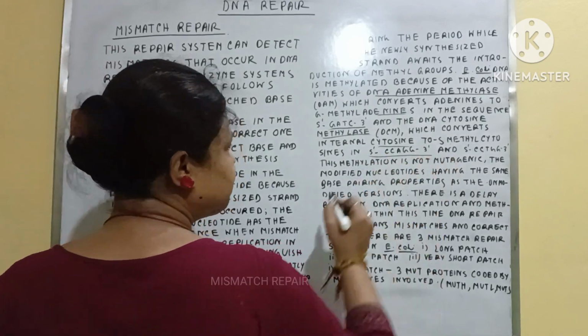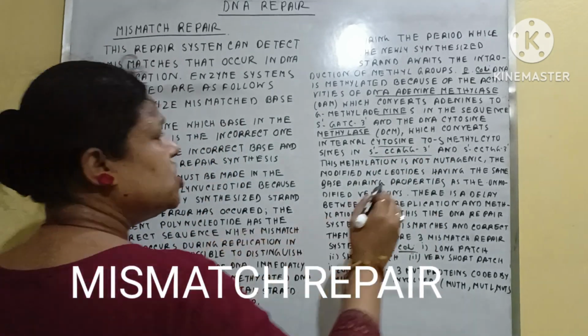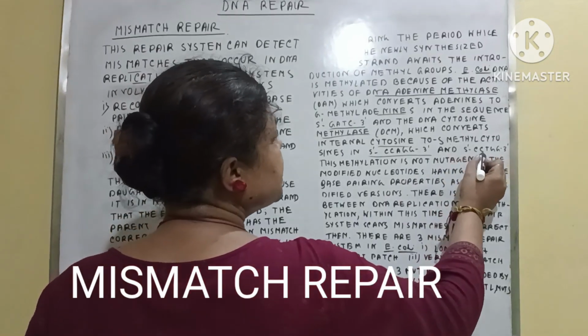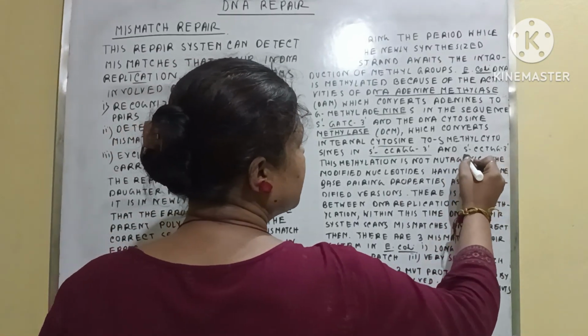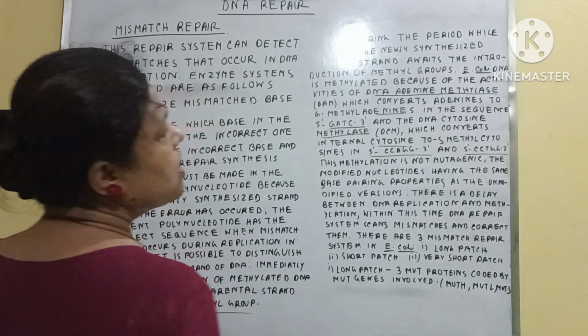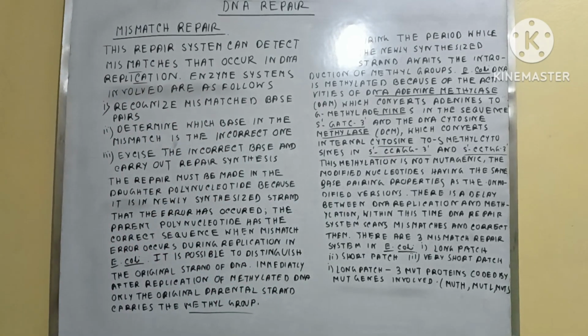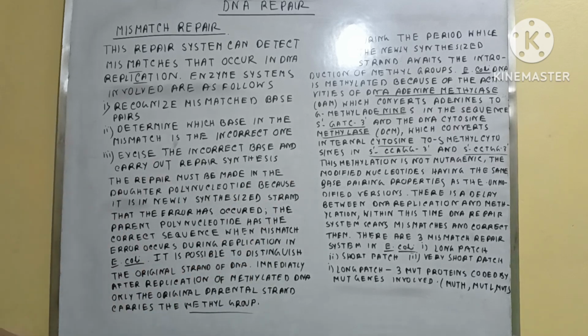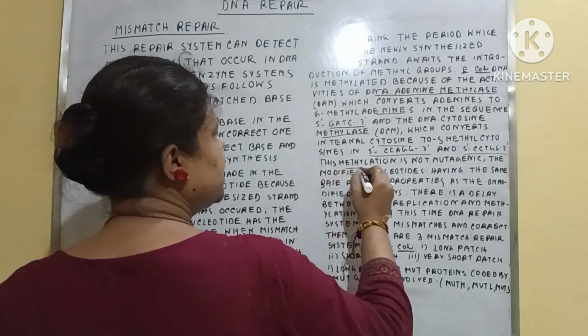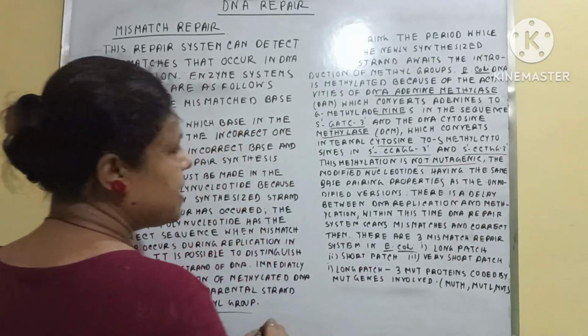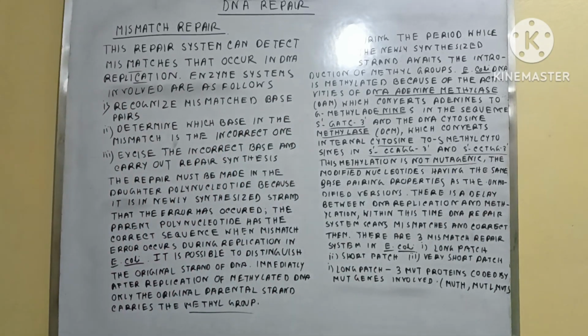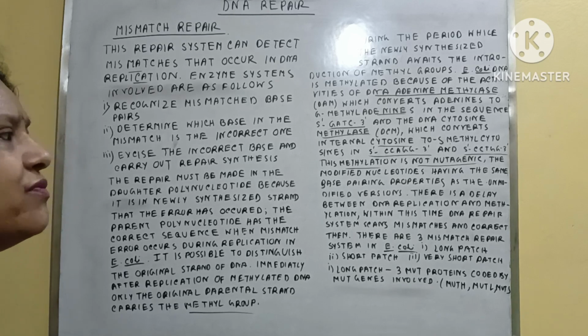CCAGG 3 prime, and another region is the 5 prime CCTGG 3 prime. These are the two regions where the conversion of the adenines and the cytosine is possible. The methylation is not mutagenic, and the modified nucleotides have the same base pairing properties as the unmodified versions.